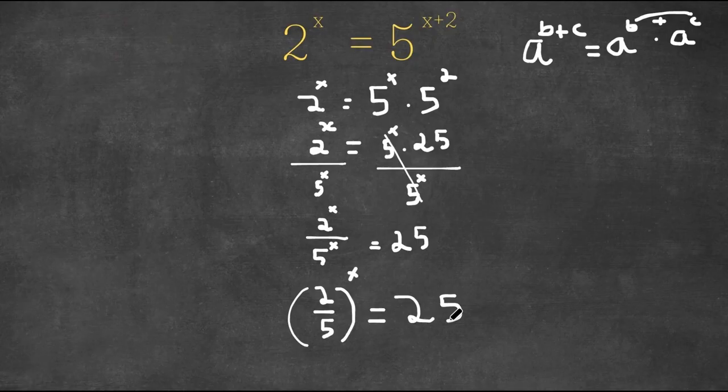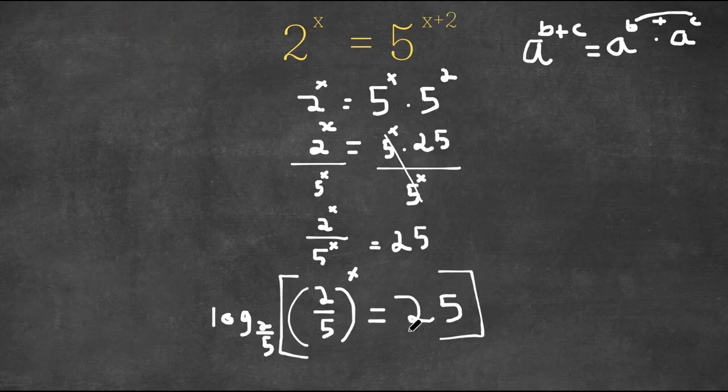So now what we're going to do is we're going to take the log base 2/5 of both sides. Well, these two actually cancel out because remember, the log is the inverse of an exponent.